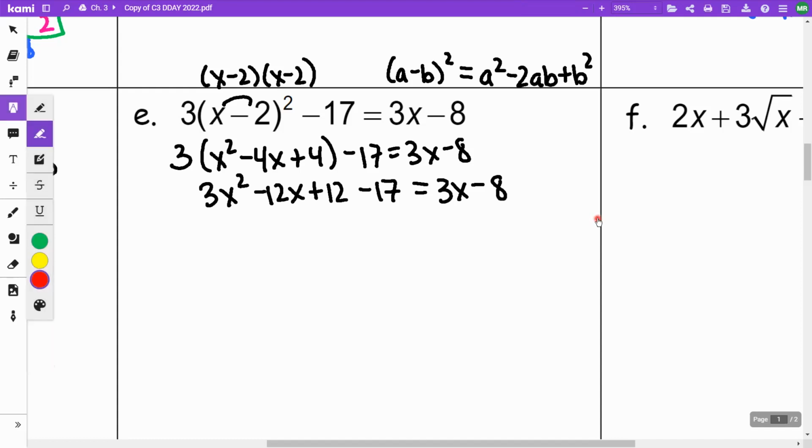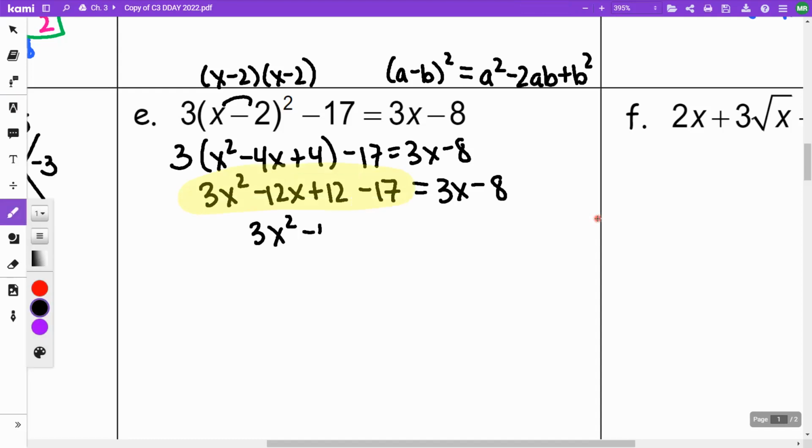I need to clean up anything that's like terms on this side. So that's going to be a 3x squared minus 12x minus 5. And then what I'm going to do is get everything on one side, 0 on the other. So I am going to basically minus 3x from both sides. I'm also going to add 8 to both sides.